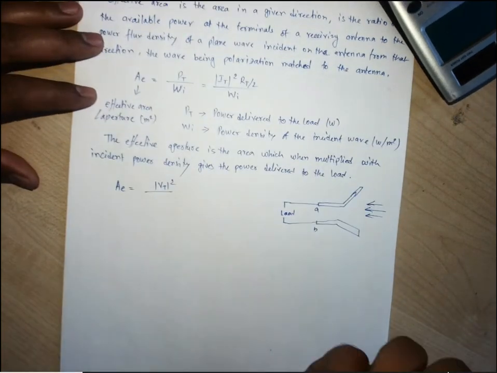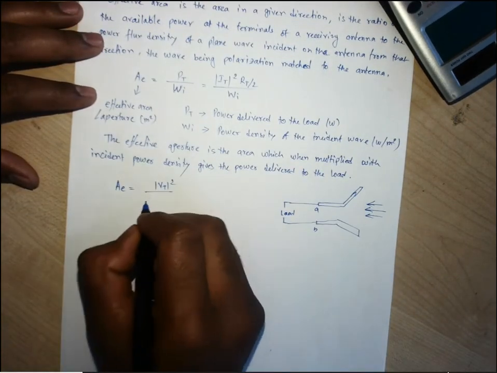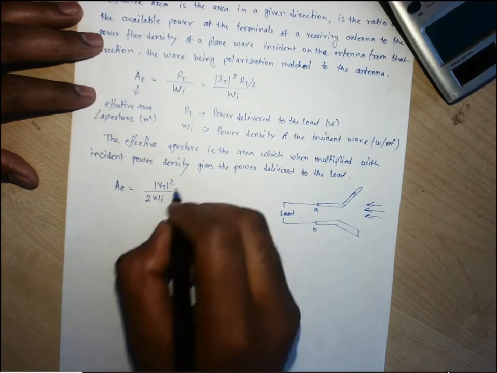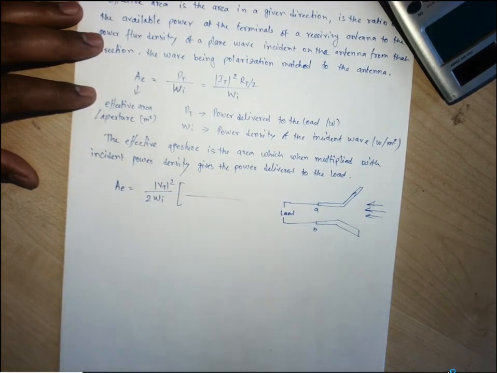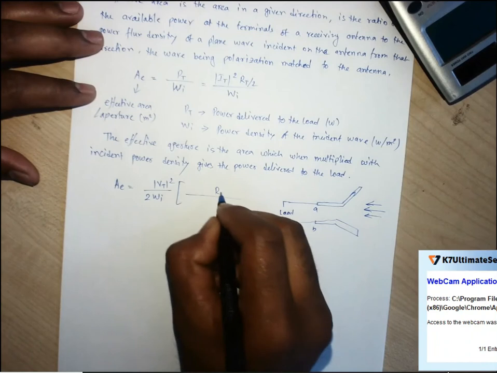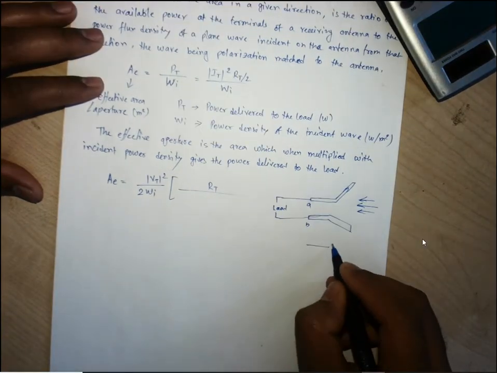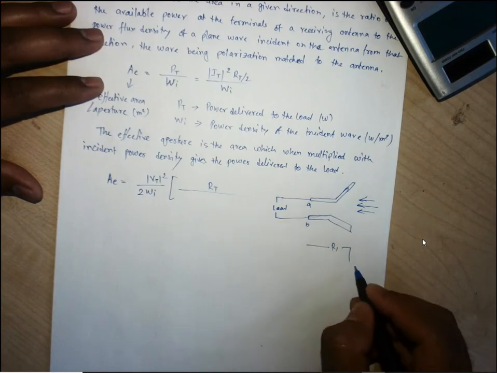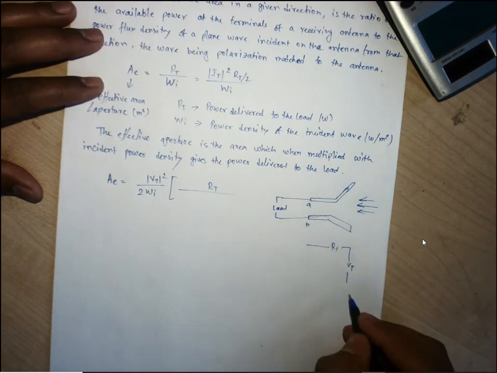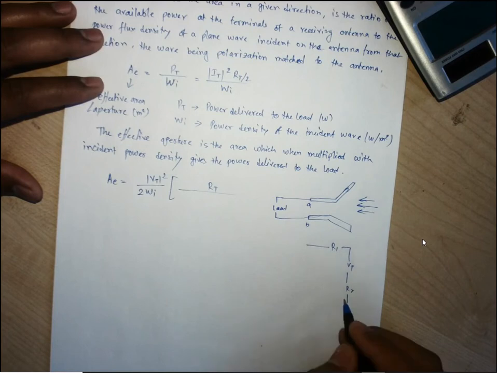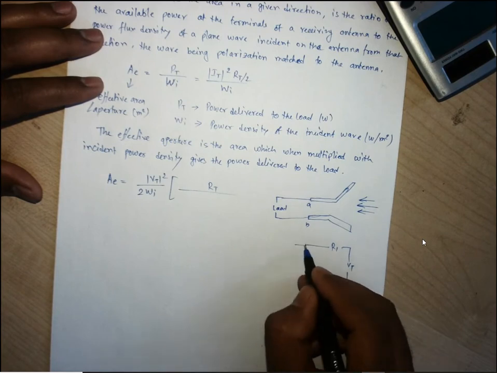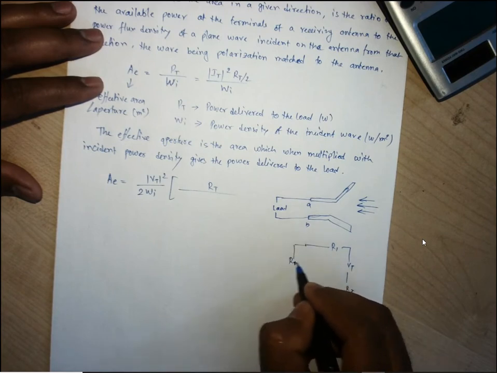So this effective area can be written like this, RT by... So this one is RL, this is the voltage induced, this is RR, this is a certain reactance X, and this side we have the load which is connected.